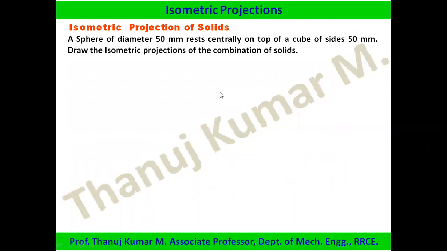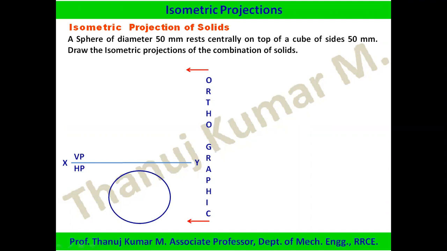So after this you have to draw the orthographic view first. Orthographic view you have to draw with XY line, VP and HP, because it is first quadrant, and then draw a circle of 50 mm diameter. Then you need to project it, keep it in a box, right?